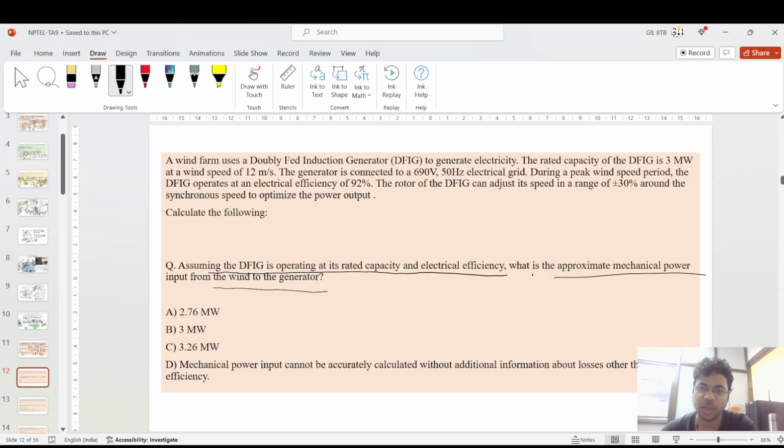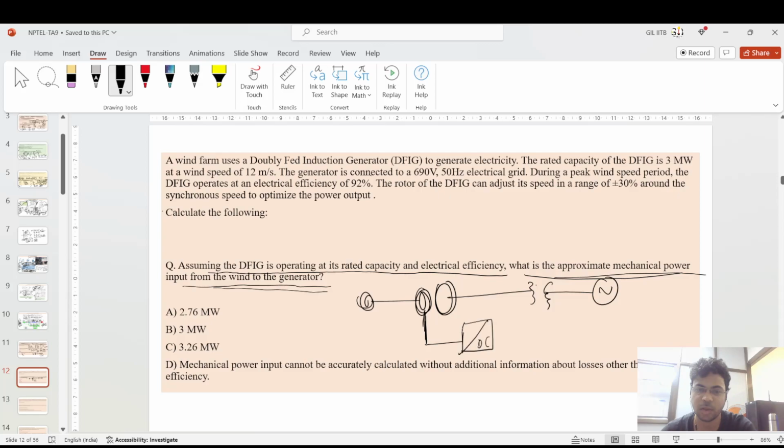What it is saying in the question is that assuming the DFIG is operating at its rated capacity and the electrical efficiency, what is the approximate mechanical power input from the wind to the generator? So what is the main architecture? You have wind connected to the rotor side, and you have a stator feeding power to the transformer and the electricity grid.